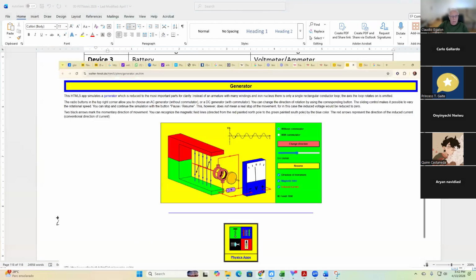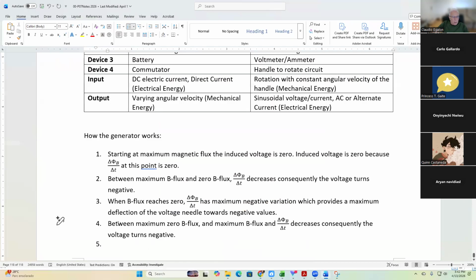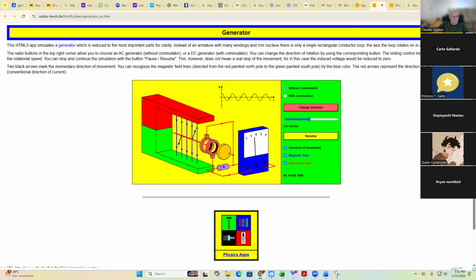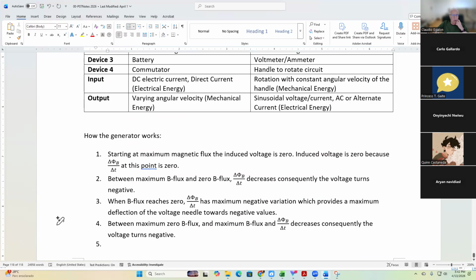Now, wait a minute. Let's take a look here. Between zero B flux and maximum B flux, it increases. Consequently, the voltage turns positive.